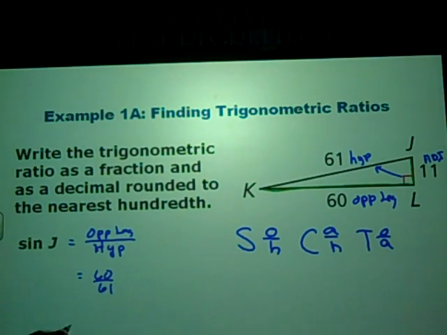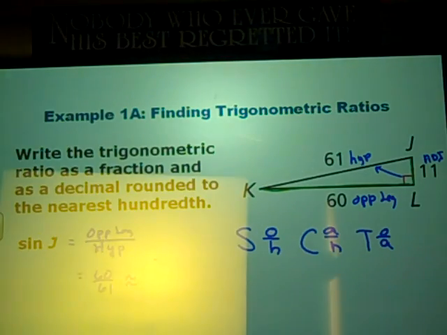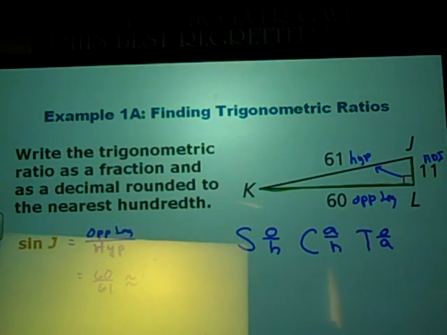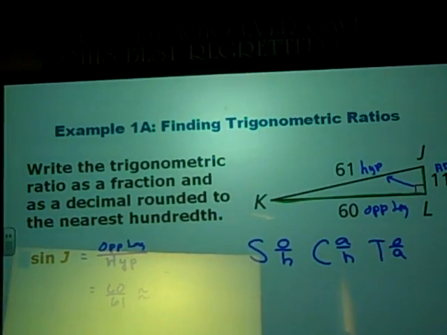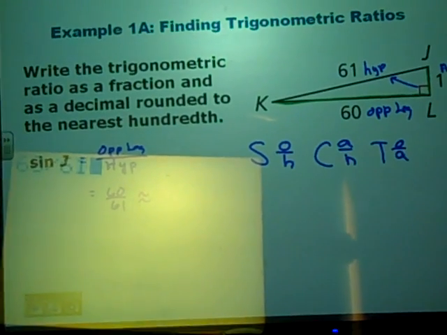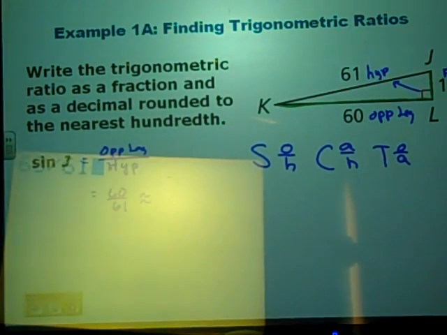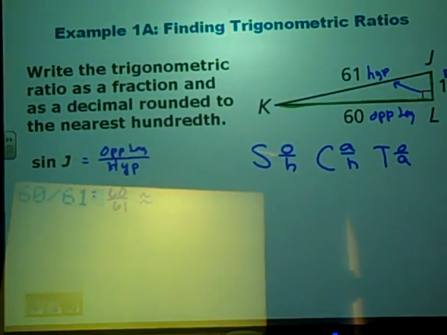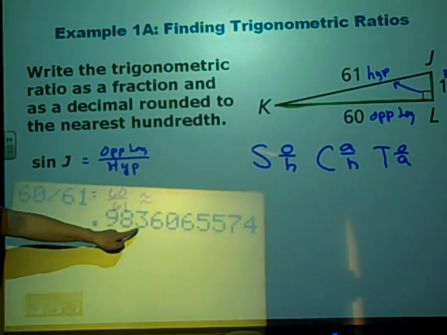Now if I want to round it to the nearest hundredth, I just turn on my calculator and I do 60 divided by 61. Press enter, and notice, folks, this is a 3.